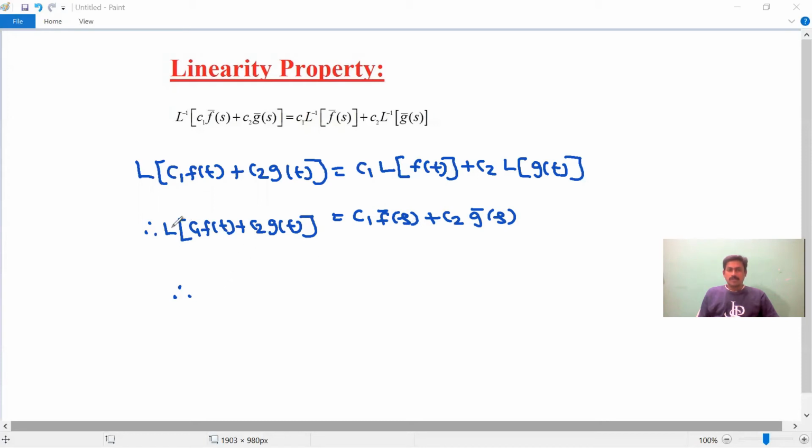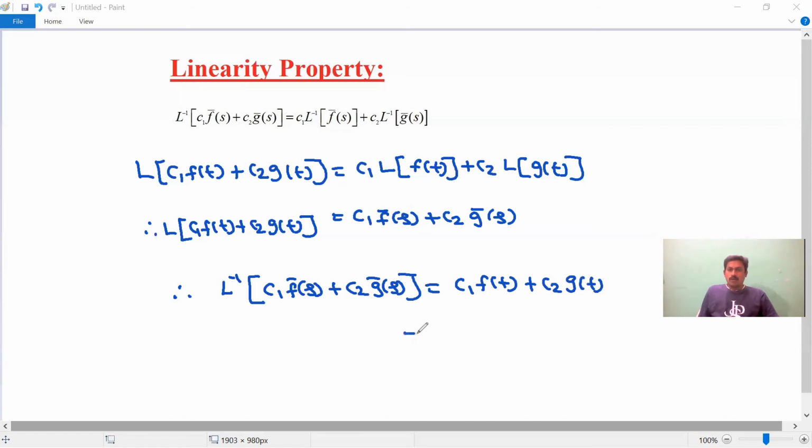We just take this L to that side and it will become L inverse of c1 f bar of s plus c2 g bar of s equals c1 f of t plus c2 g of t.